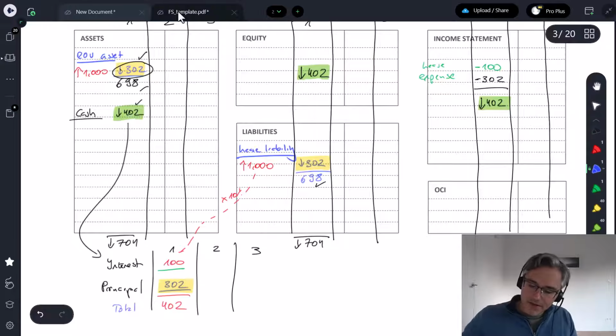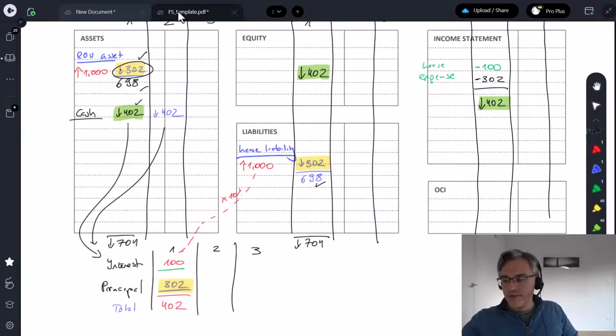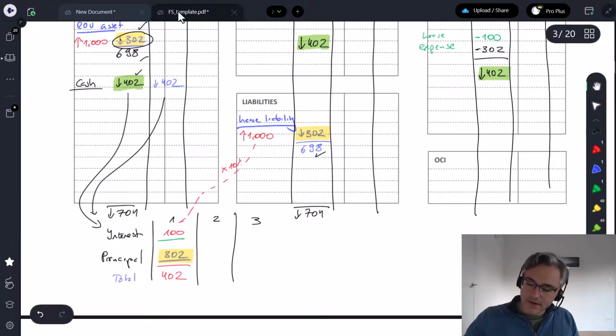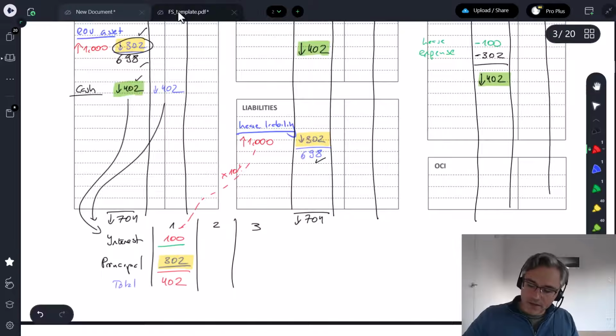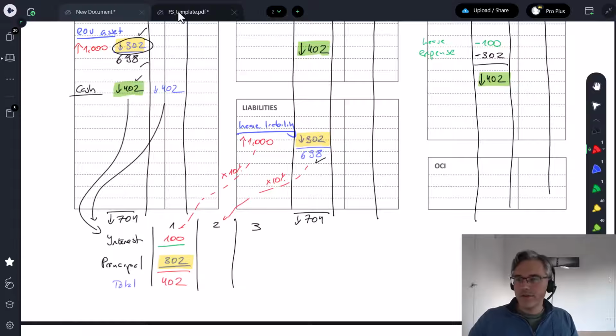Now, in the second year, we will pay another batch of 402, and once again, we need to decompose this into interest and principal, and it's going to follow the same rule as before. We take whatever was the previous balance of the liability, apply the effective interest rate, which is 10%, and we get something like 70.